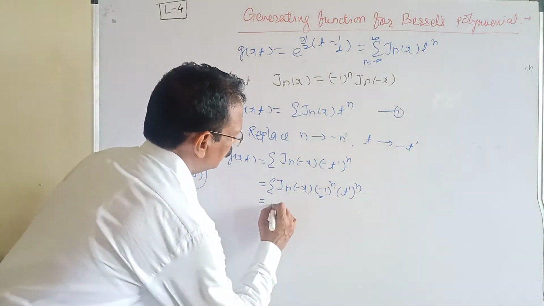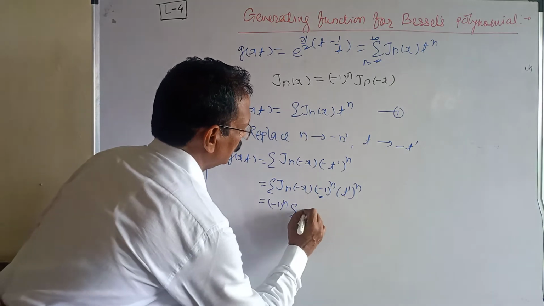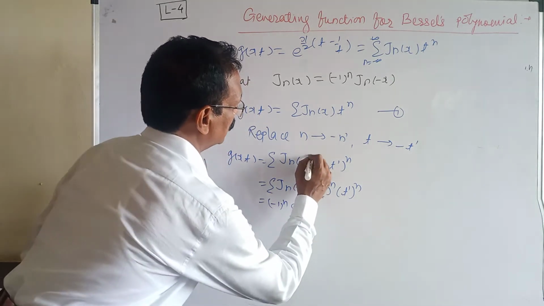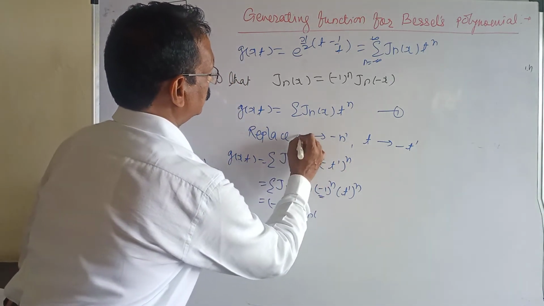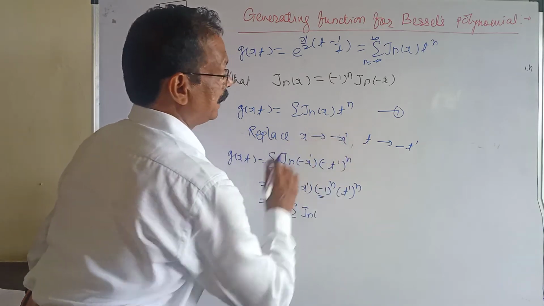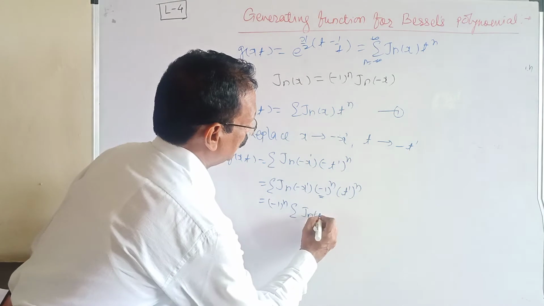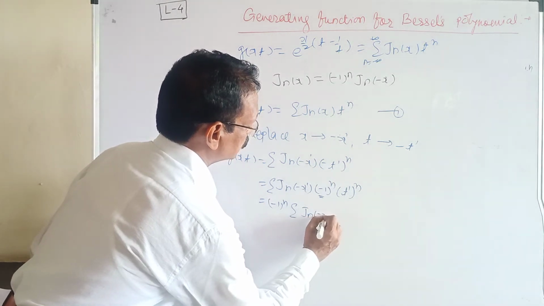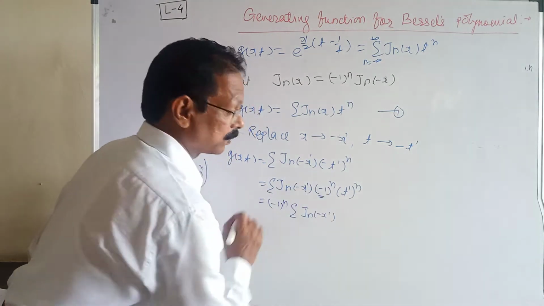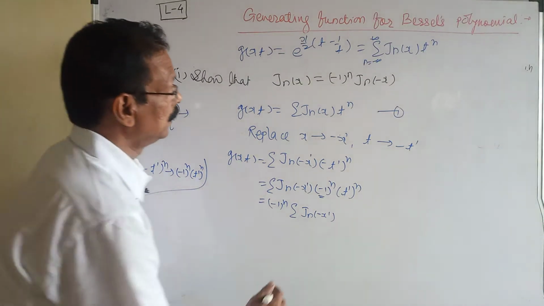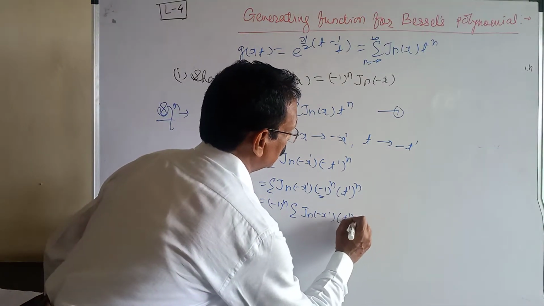So minus 1 raised to n into summation of Jn of minus x dash, t dash raised to n.